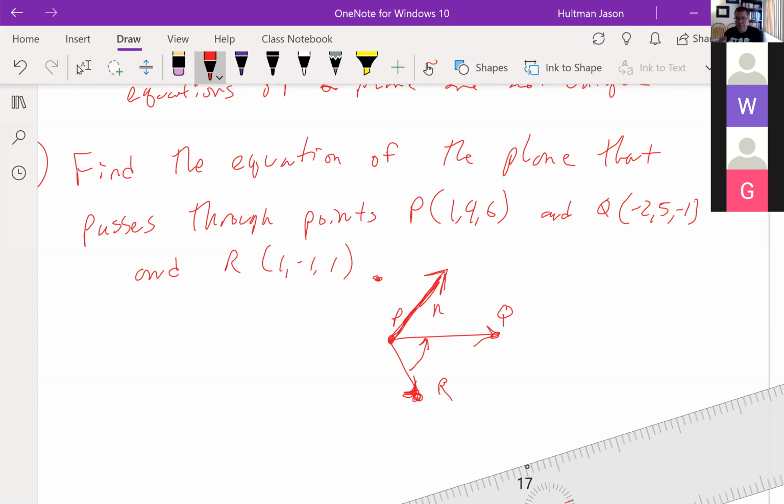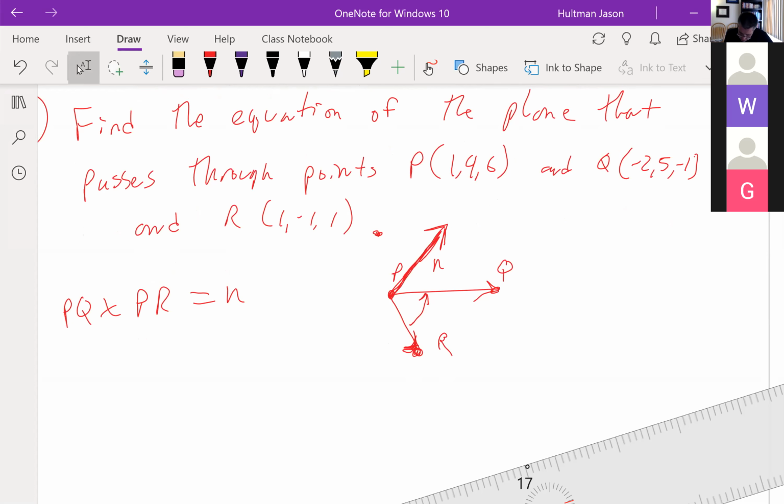Because I need a point and a normal vector. So I'm going to take PQ and cross it with PR to get N, my normal vector.